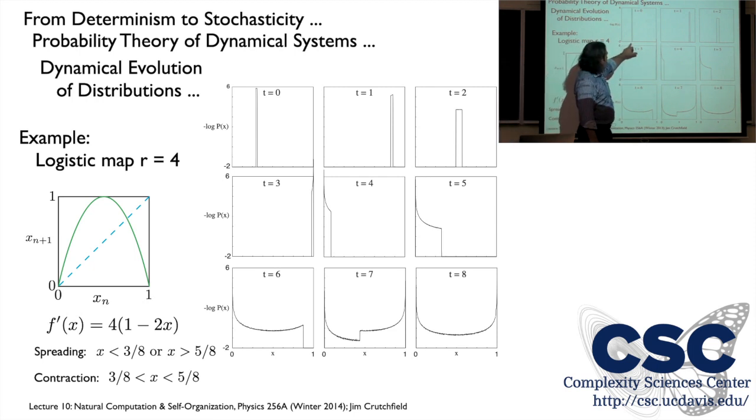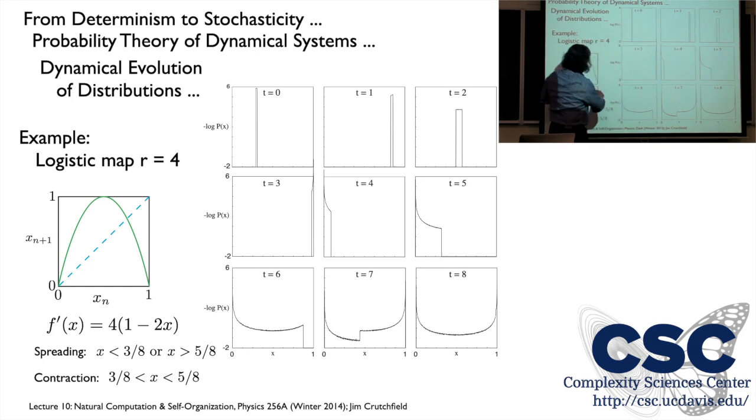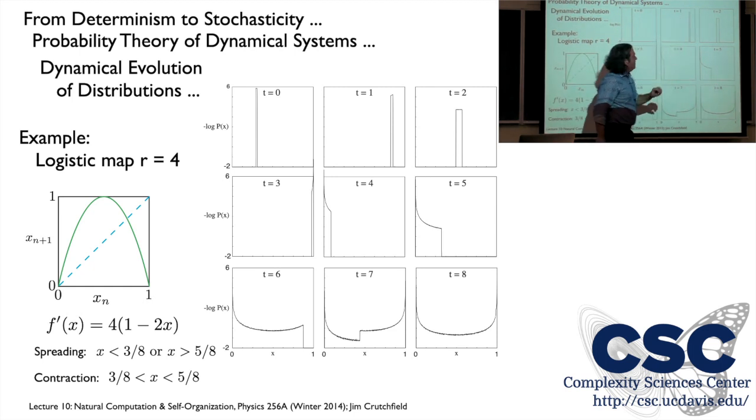Same initial distribution. It doesn't look too different, it just maps over here. You can see there's a little bit of a slope up here, and that corresponds to the little piece of support moving across regions of the map that have slightly different slope. So it slightly modifies the probability amplitudes mapping forward, but just a little bit.